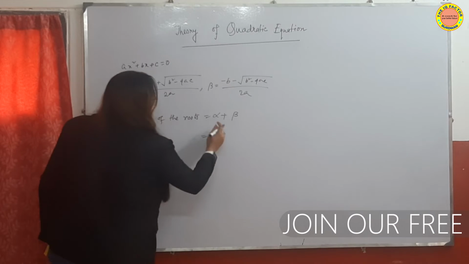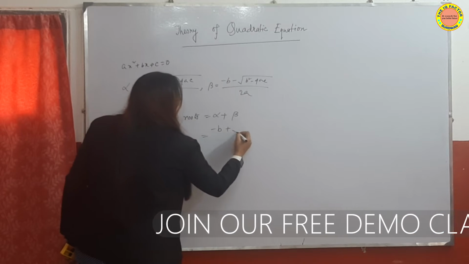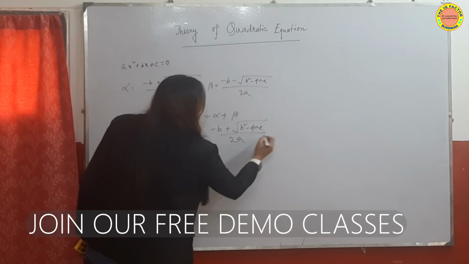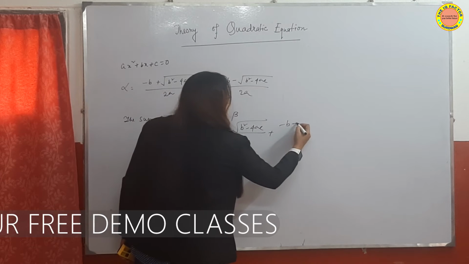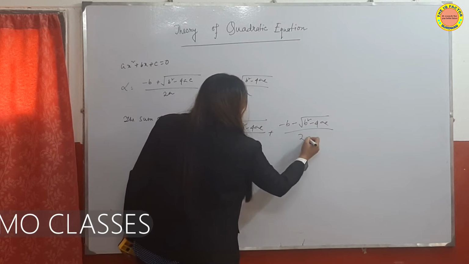Just find out alpha plus beta. Put the value of alpha and beta: minus b plus square root of b square minus 4ac by 2a, plus the value of beta, minus b minus square root of b square minus 4ac by 2a.